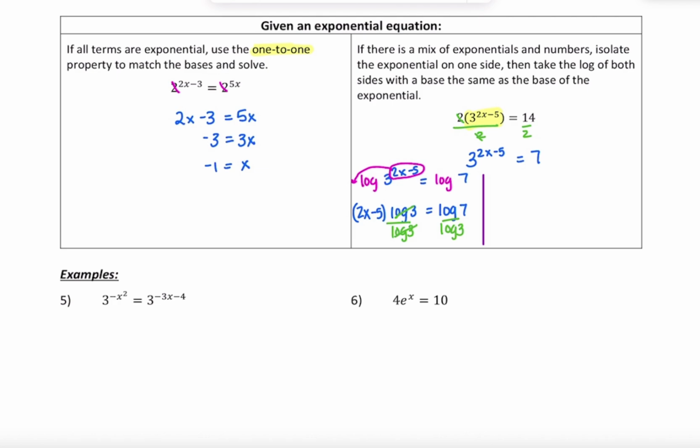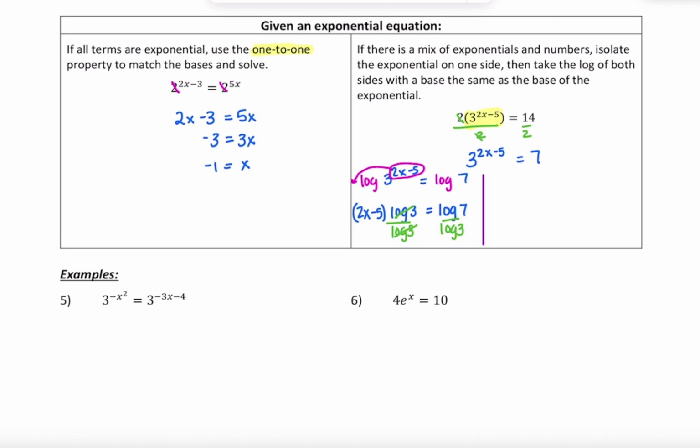Another option, instead of using the common log, because when you take the log of both sides, you can really choose any base that you like, right? A lot of times we like using the common log or the natural log because we have those two buttons on our calculator easily available. But there's another strategy that might cut down on a step.